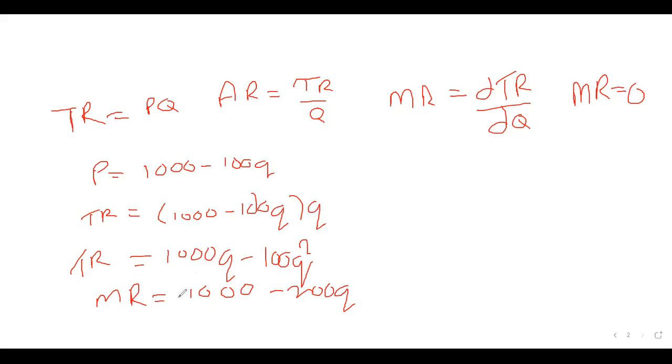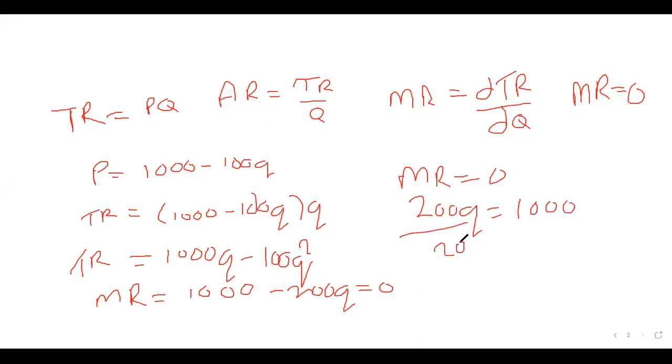Then to maximize our revenue, we know that our marginal revenue must be equal to 0. So we equate this. When this 200Q goes to this side, it will be positive, and the 1000 will remain. So we divide both sides by 200.